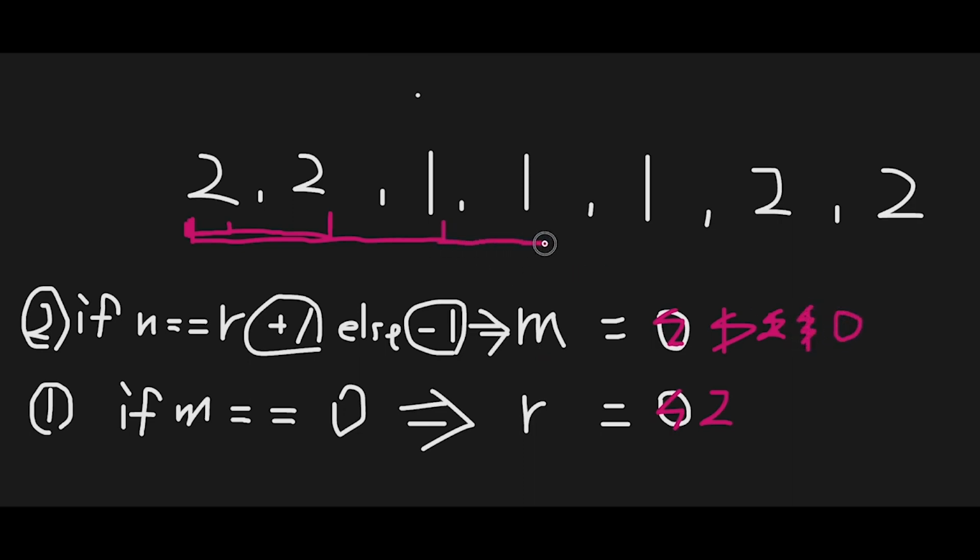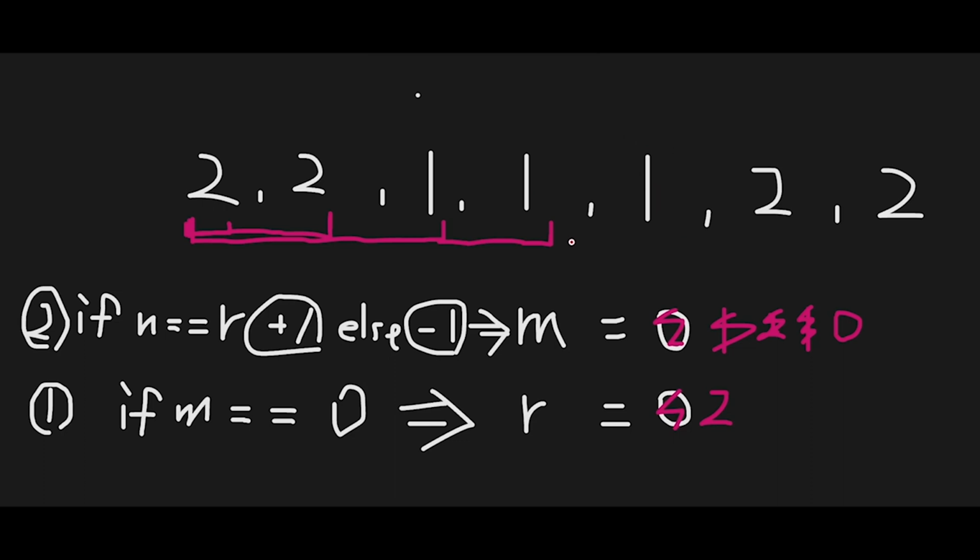Yeah, and we finished checking this range. So now we have 2, 2 and 2, 1. We don't know which is the majority number, but at least we found 2 first. So the majority number should be 2 in this case. So that's why our result variable is 2. It's obvious.